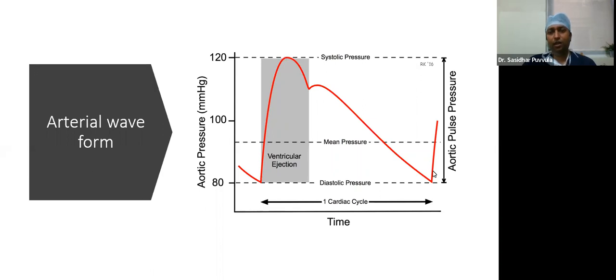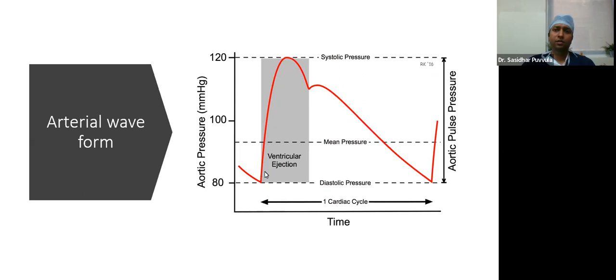And the dicrotic limb is where your pressure starts falling in the aorta, and as you can notice, there is a dicrotic notch here. The dicrotic notch is a point where your aortic valve closes, followed by left ventricle diastole. So your dicrotic limb is mainly during diastole, and the anacrotic limb is during ventricular ejection.